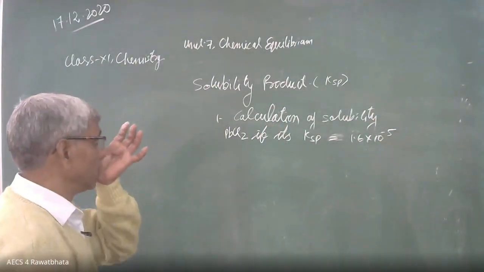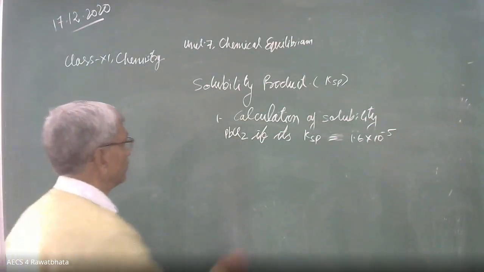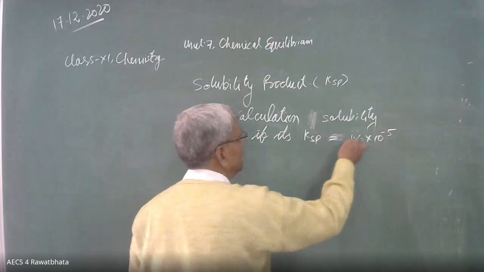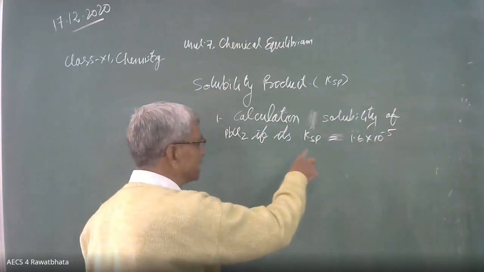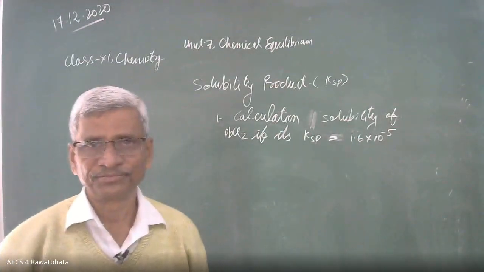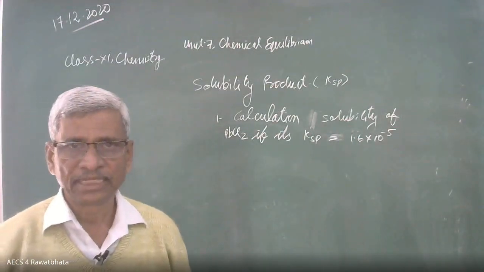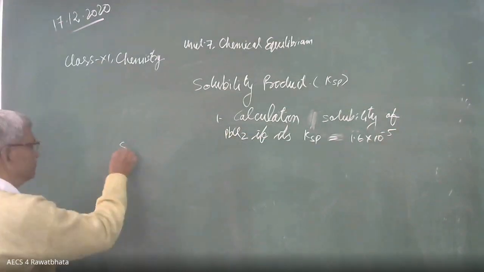Calculate the solubility of PbCl2 if its Ksp is equal to this much. It is the question now. Okay, beta? Then how to proceed? What is the way of solution?